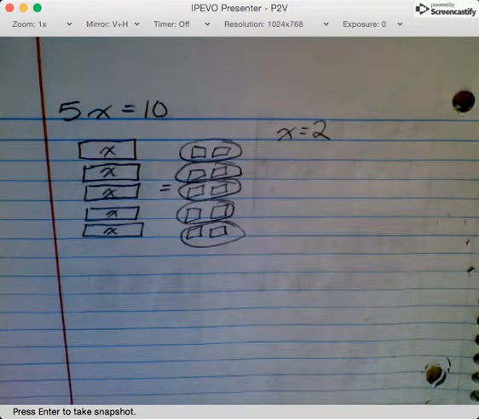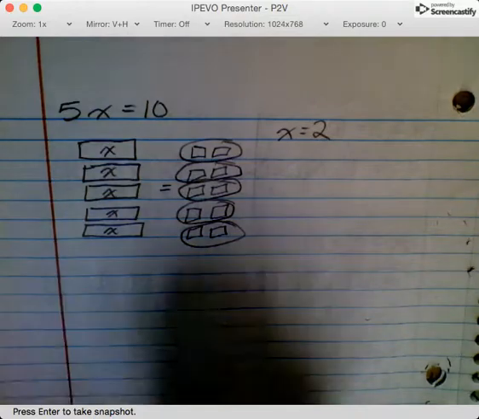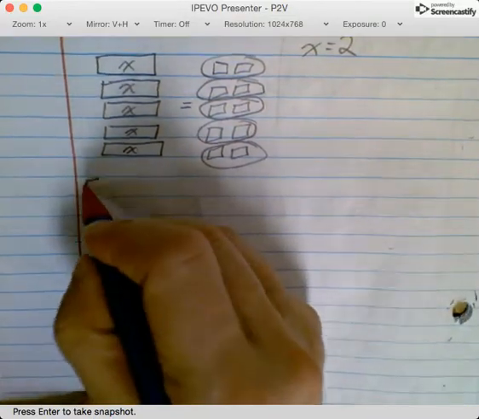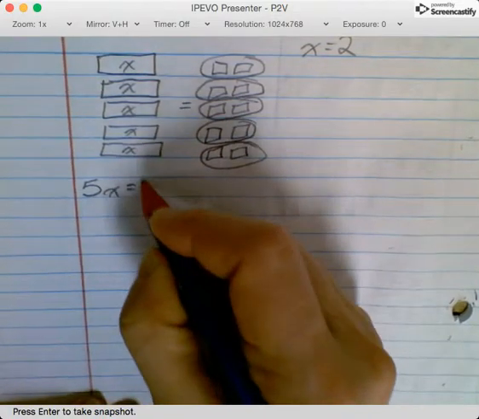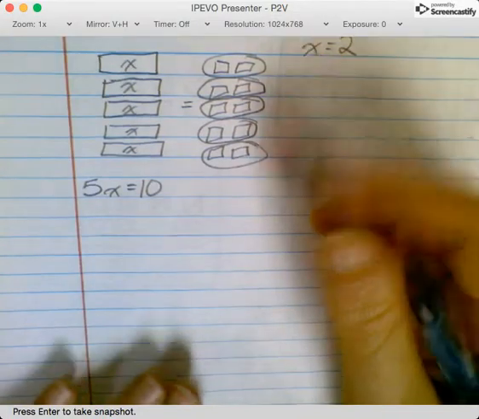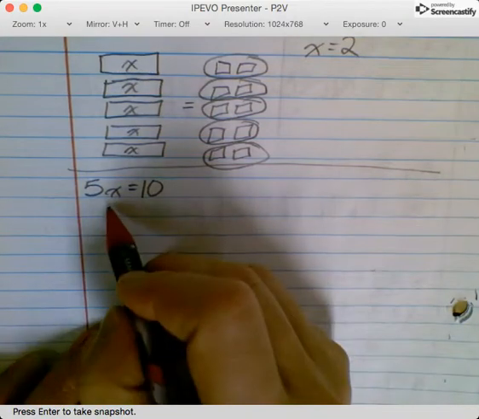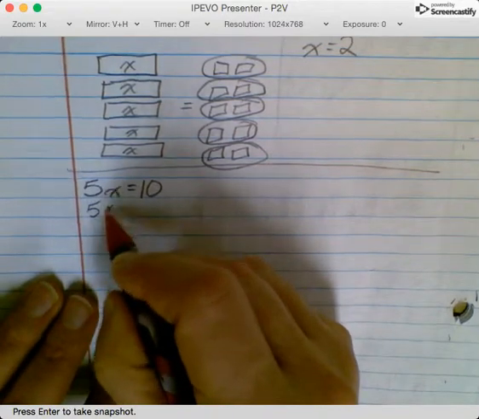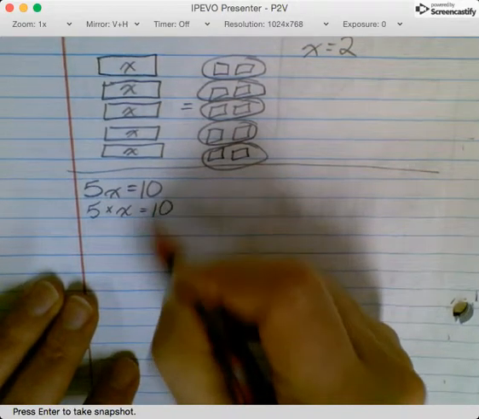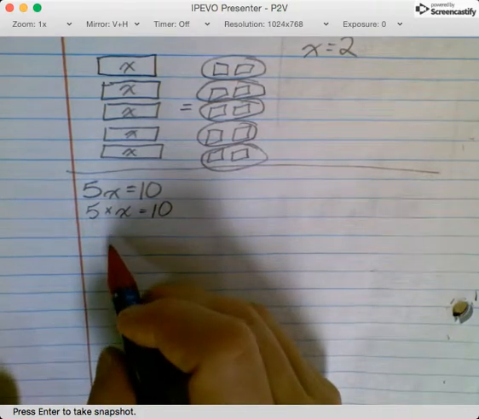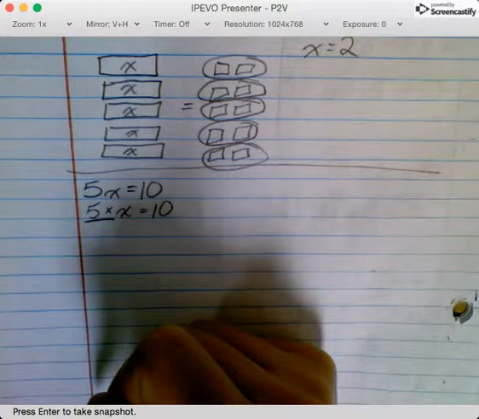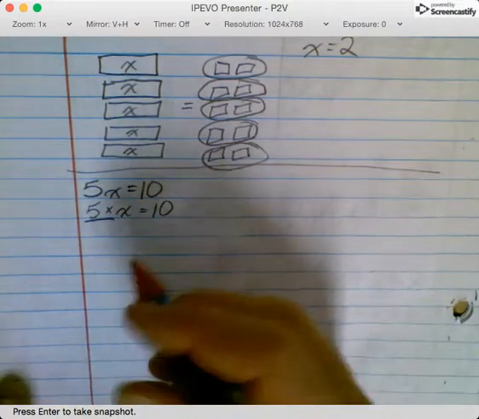Now, let's move on to doing this kind of problem using inverse operations. If I were going to do this without doing the models, just like on the other video, we know 5x is the same thing as 5 times x. So it's basically saying 5 times x equals 10. And I know the opposite of multiplication is division.